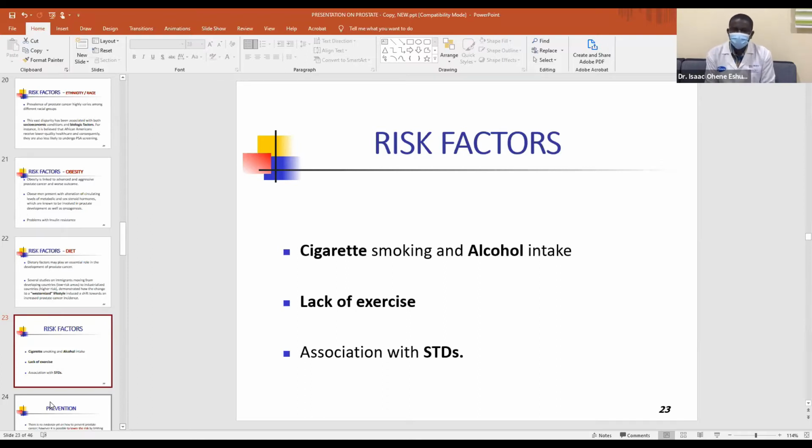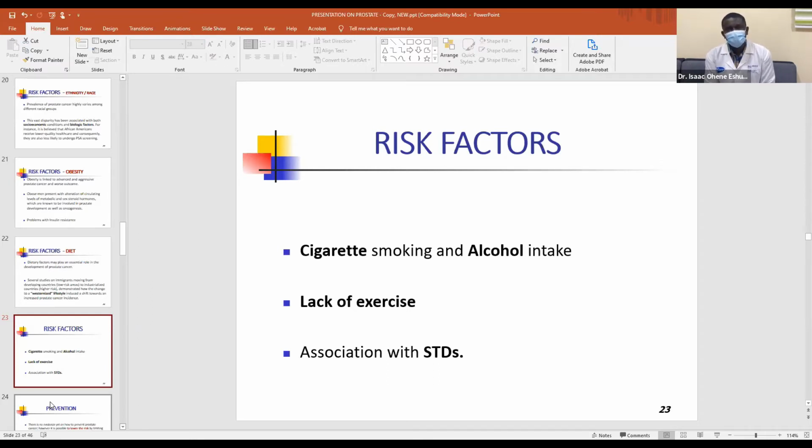Lack of exercise actually relates to obesity. And I think in part we've explained it: the more sedentary you are, the more weight you gain, which eventually leads to insulin resistance. You have lots of insulin, and it promotes growth of cells.